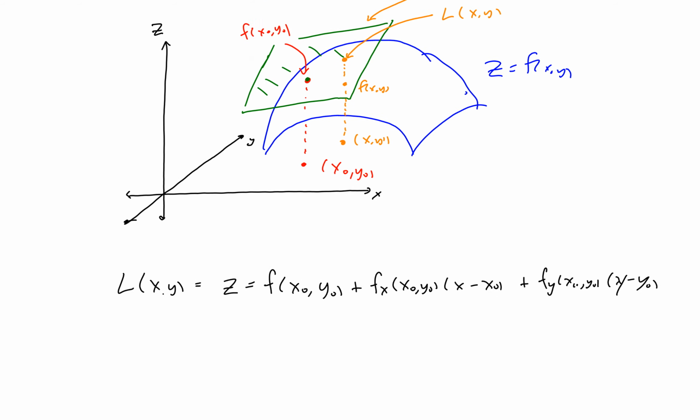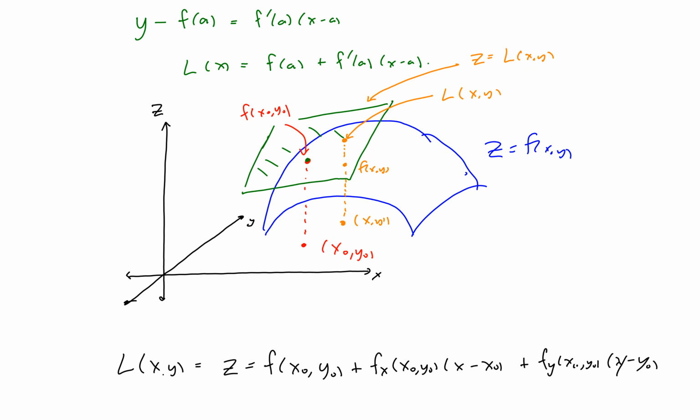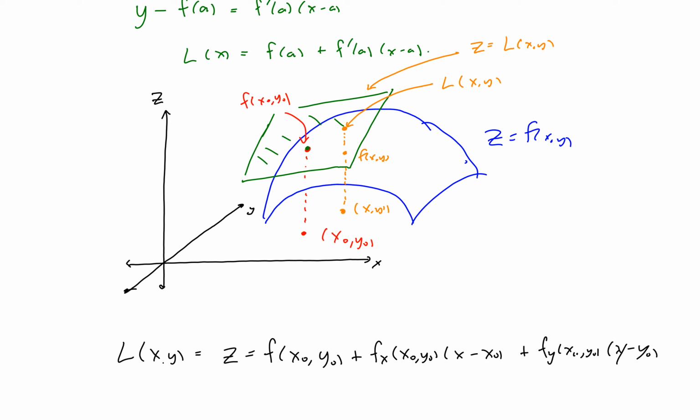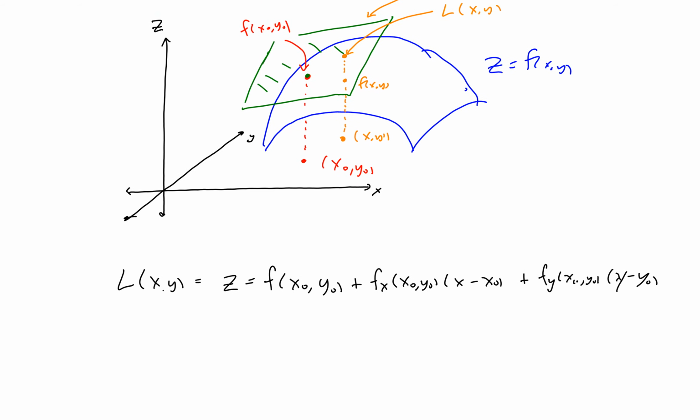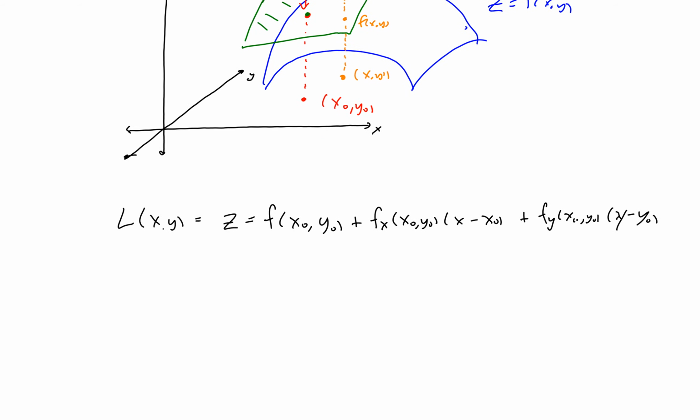So you see it looks very similar to our tangent line approximation above. We just have more variables now, so we have the two different partial derivatives coming in to give us our tangent plane approximation.